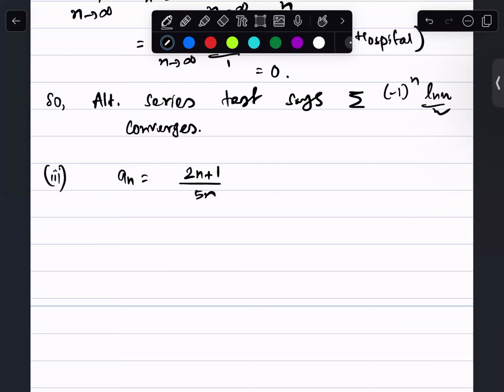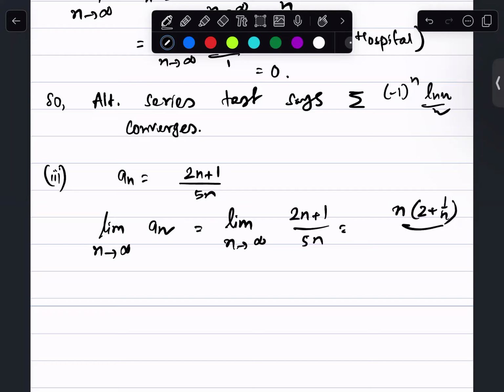So here, it'll be a good idea in every example where you need to apply the alternating series test to evaluate the limit of an as n tends to infinity first. Because in this example, I can see that this is not going to 0. This is just 2 over 5, which is non-zero.